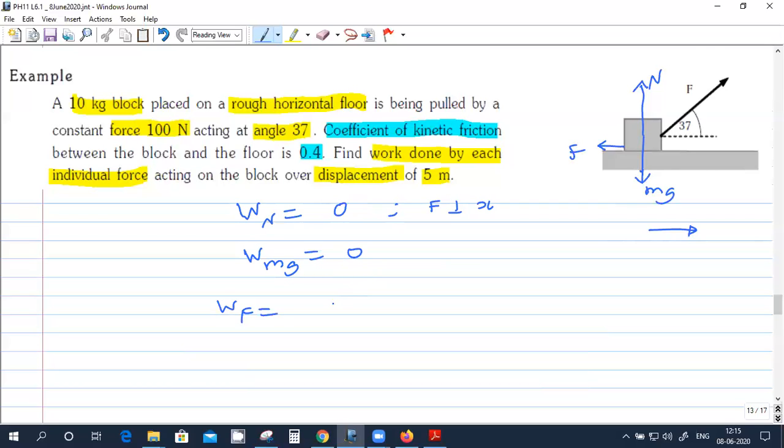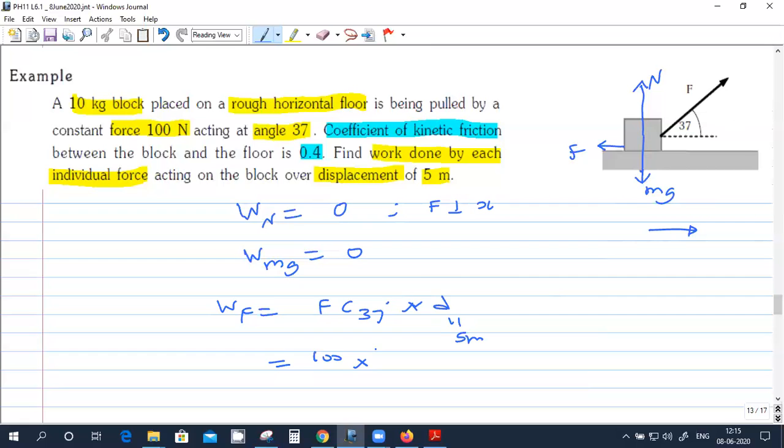Okay, and the work done by F is F cos 37 into the displacement, which is equal to 5 meters. Here F is the applied force of 100 Newton; the small f is friction. So this is 100.